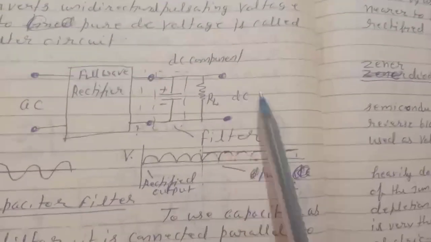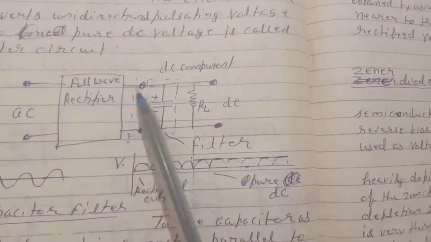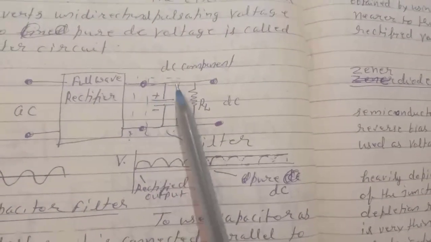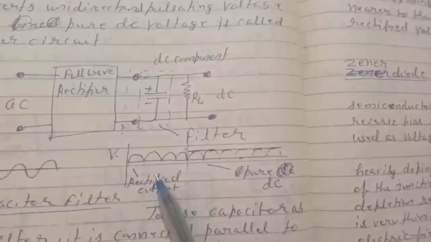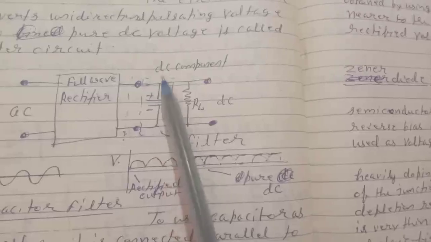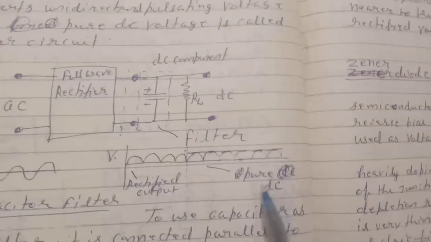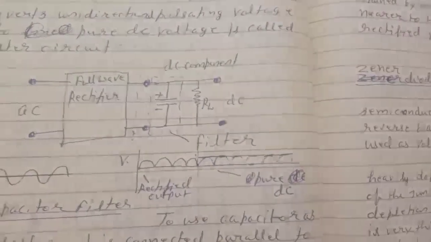Here we get the output, and from the full wave rectifier we get rectified output, and after passing through this arrangement it becomes pure DC.